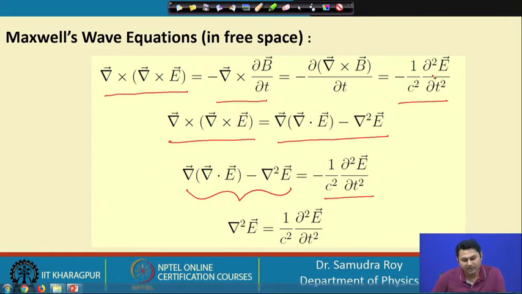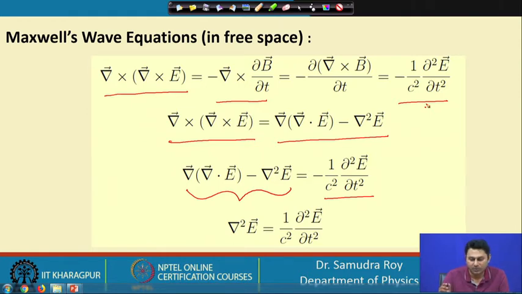We started with the equation curl cross E equal to minus of del B del T, then made a curl operation on both sides. After that, I used the curl cross B equation. Curl cross B is nothing but mu 0 epsilon 0 del E del T, that is the fourth Maxwell's equation.